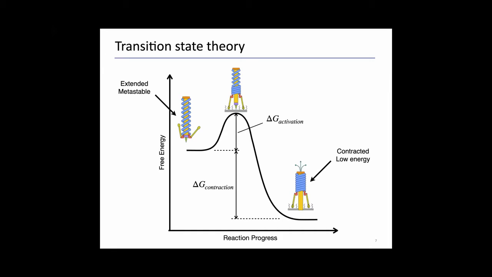We're going to try to use transition state theory to describe this process. We have an extended metastable high energy state, a contracted low energy state, and a certain transition state that has a certain activation energy, higher than the initial state.